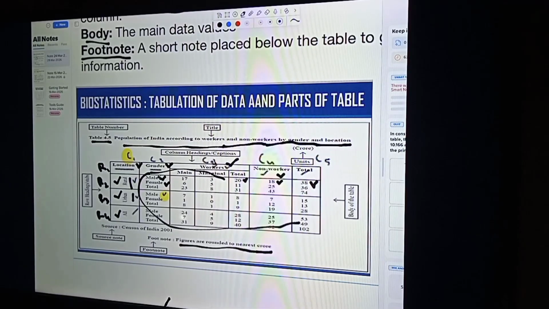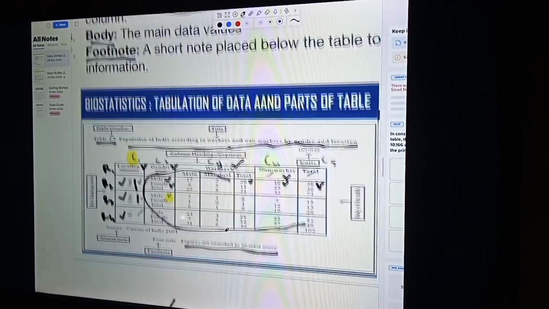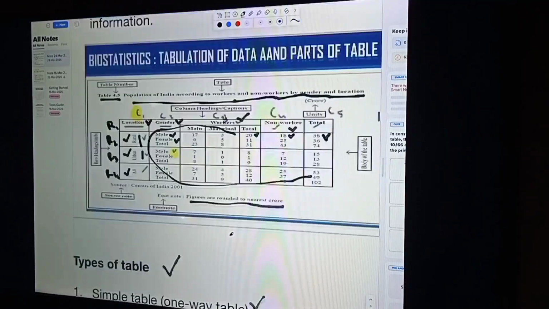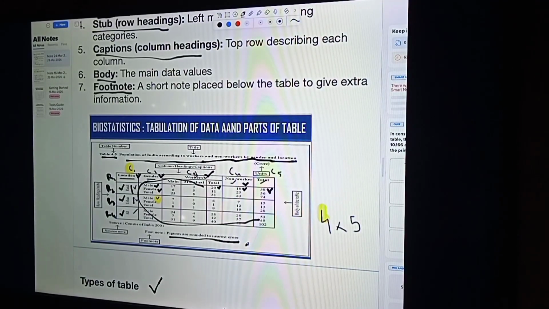This whole information is about rural areas. Similarly, this information is about urban areas, and you can get the total of these two if you want to interpret it. So this was all about parts of the table.